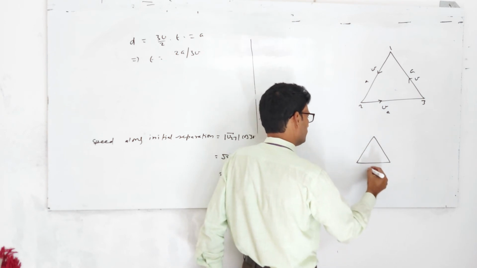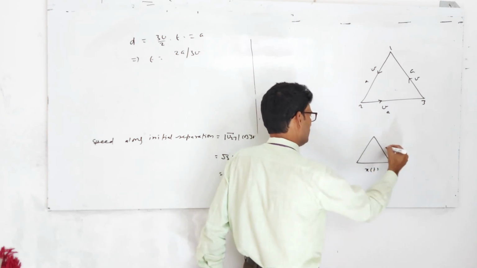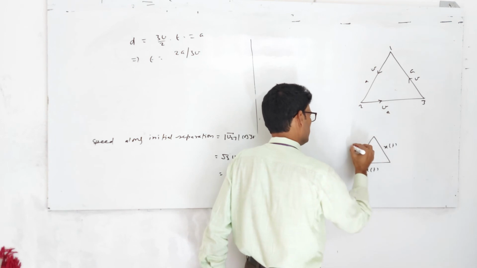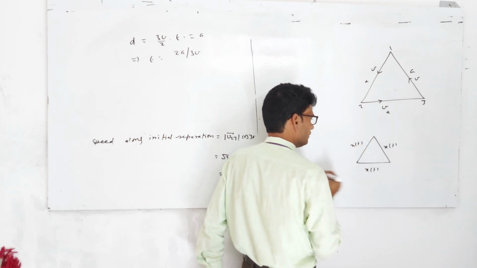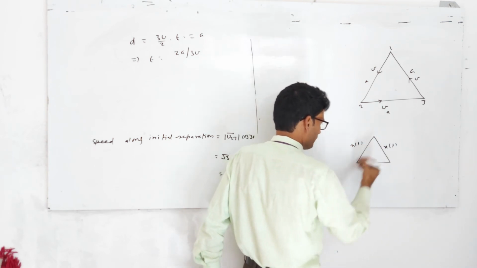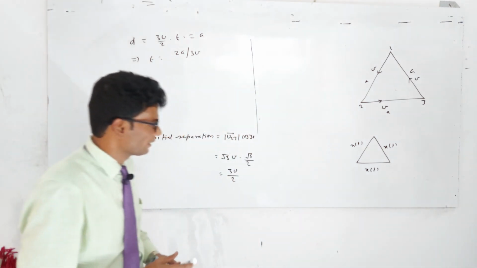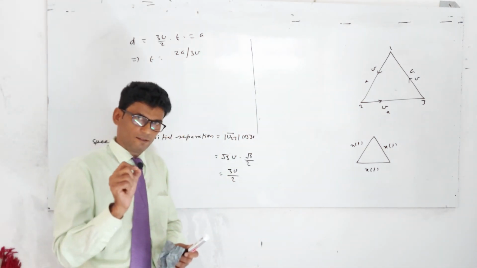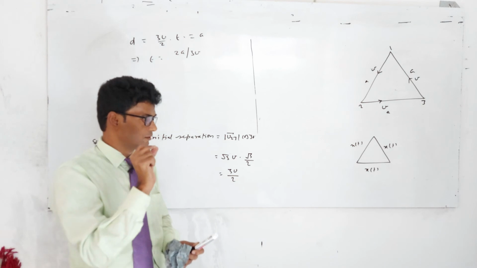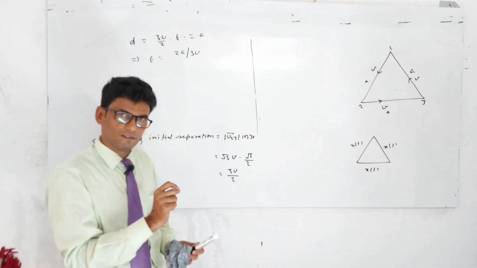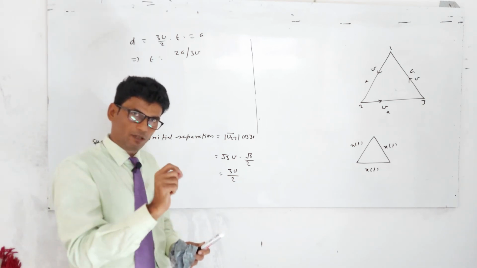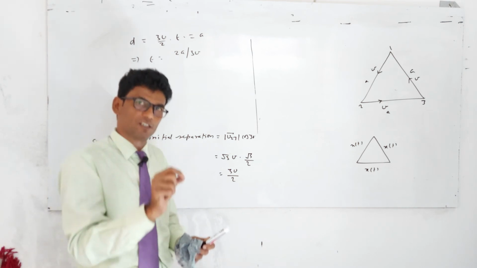So the side is x of t, x of t, x of t. Now this is at time t. We have to think at time t plus dt.